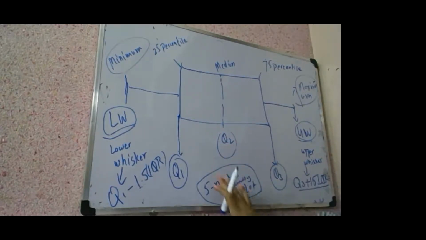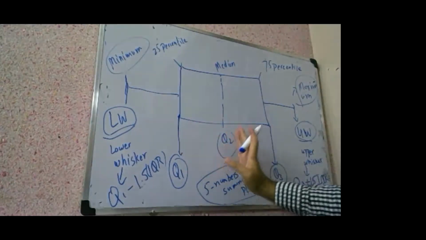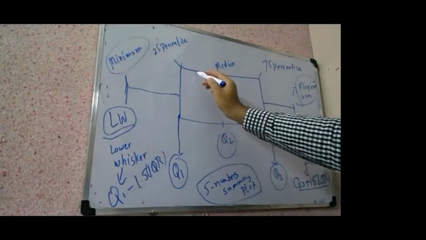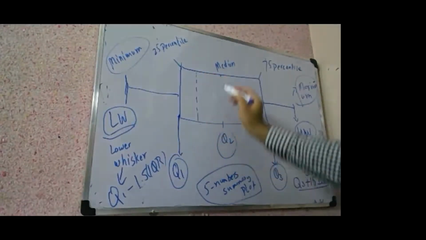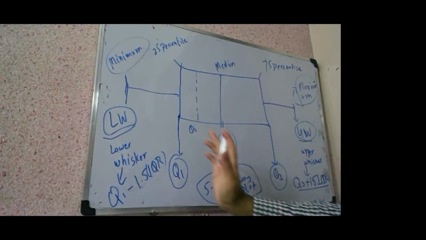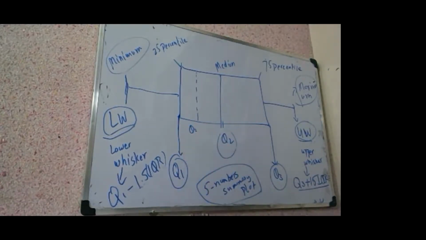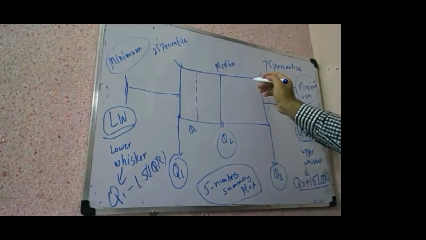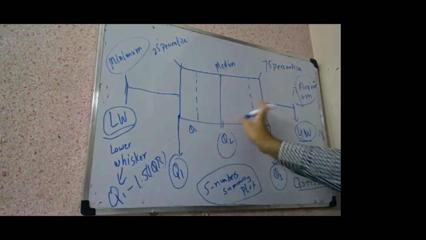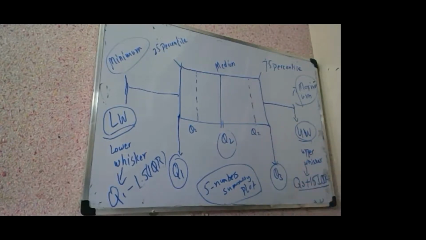So right now it is symmetrical because Q2 is in the middle of the interquartile range. If the median is somewhere here, yeah, this is Q2, and it's on the right side, it's going to be positively skewed.